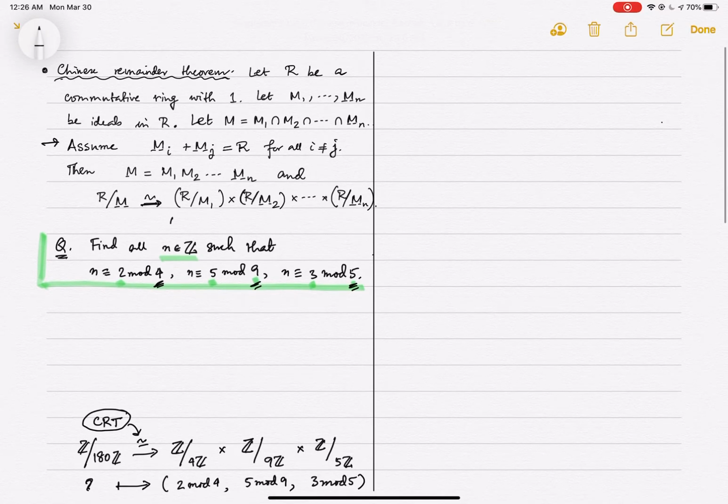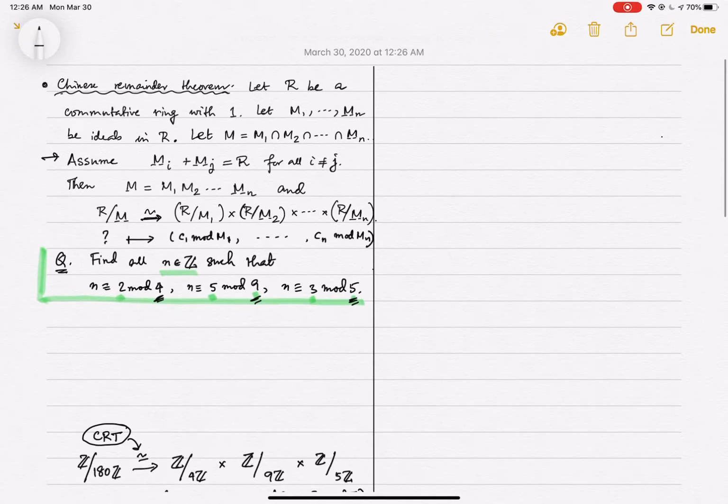So let's say I give you c1 mod m1, etc., cn mod mn, where m1, m2, c1, c2, cn are some elements of R. And you're asking, can you give me an element of R mod m which maps to it? In fact, let's find an element of R that maps to it.